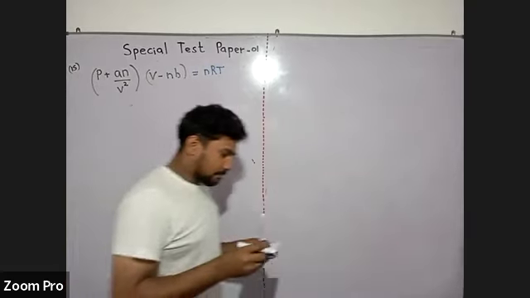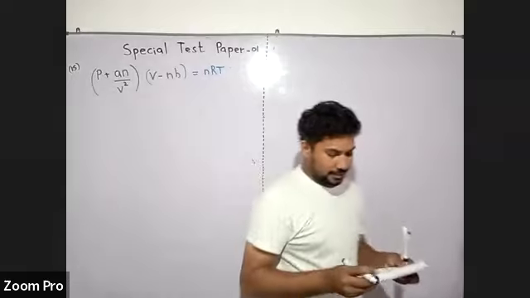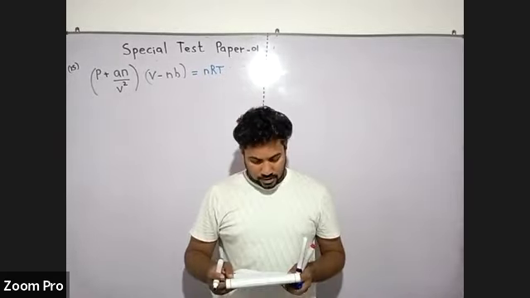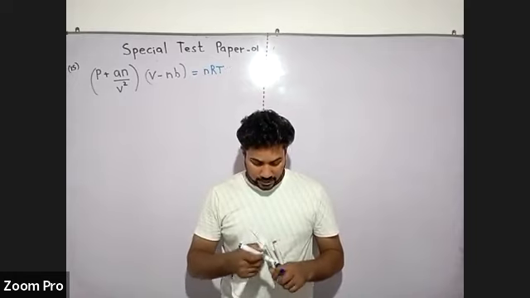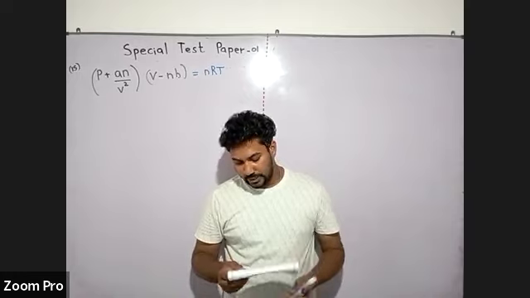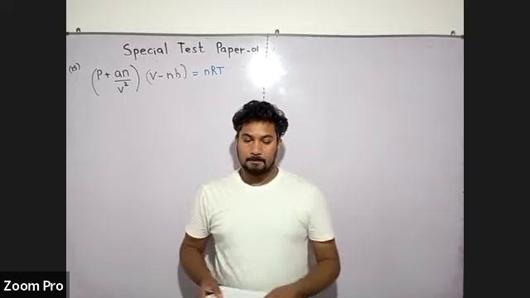Now here P represents pressure, V represents volume, n the number of moles, and R the universal gas constant. T is absolute temperature. The question is the units of A and B, right?